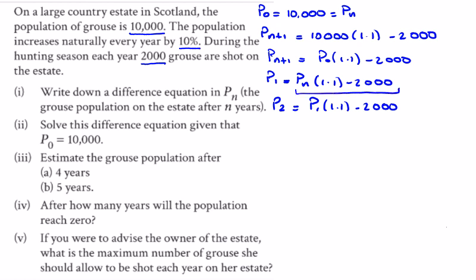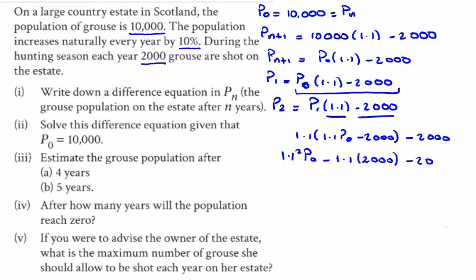P1 of which we already have, so I'll bring the 1.1 in front and multiply it by P1, 1.1 P0, leave them as zeros instead of n's, minus 2,000, and then minus the other 2,000. So we have 1.1 squared by P0 minus 1.1 by 2,000 minus 2,000.